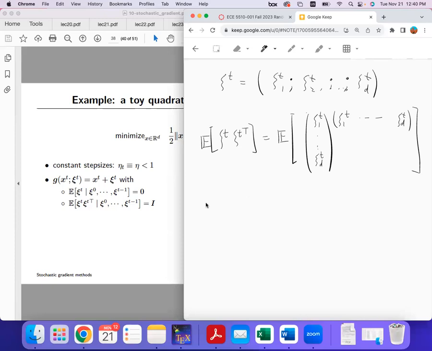So eventually the first entry is ξ_1t squared, and then ξ_1t ξ_2t, up to ξ_1t ξ_dt, and so on. You take the expectation for every entry.